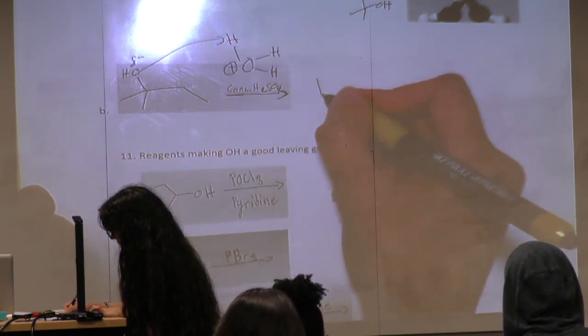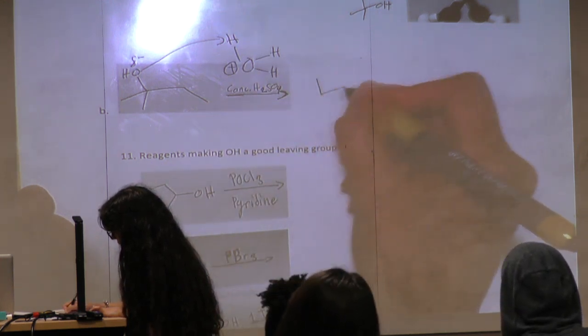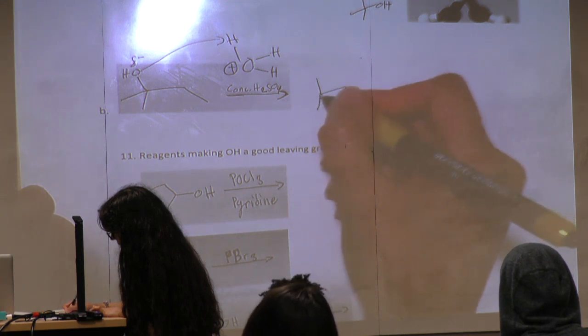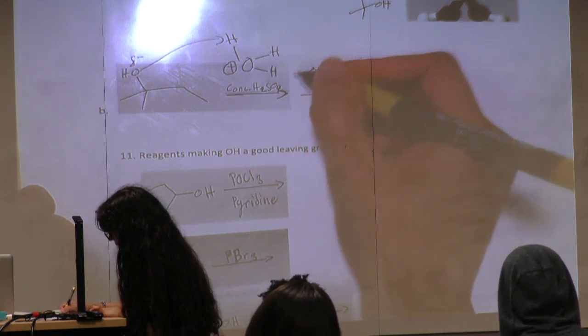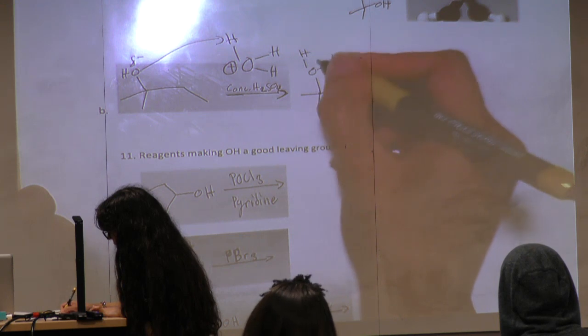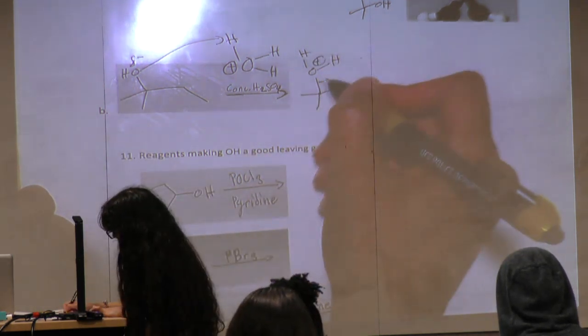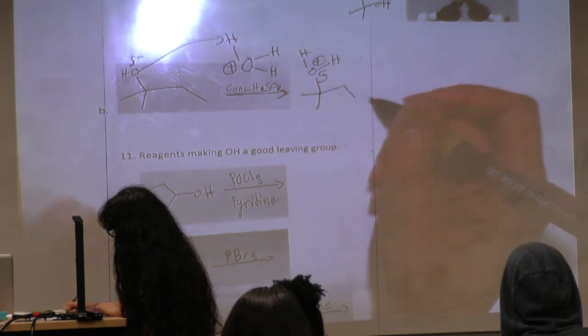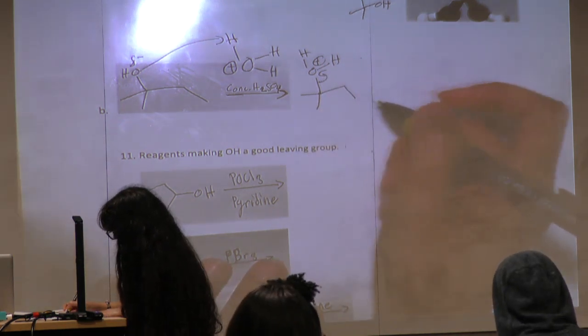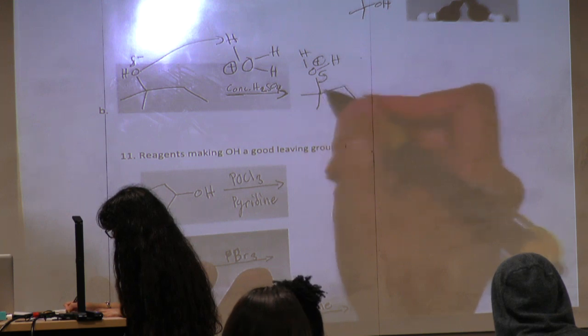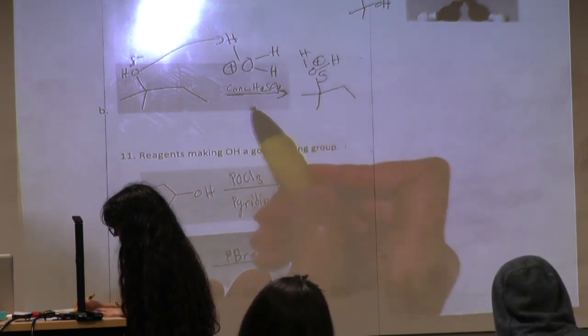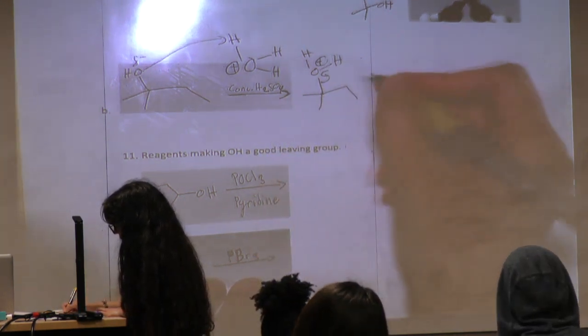So what's going to happen then is you're going to have something like this. It forms water. Now water is a good leaving group. We went from alcohol to water, so now it's a good leaving group. Water can leave. And while water leaves, we're going to do an elimination reaction formed at the most substituted area.